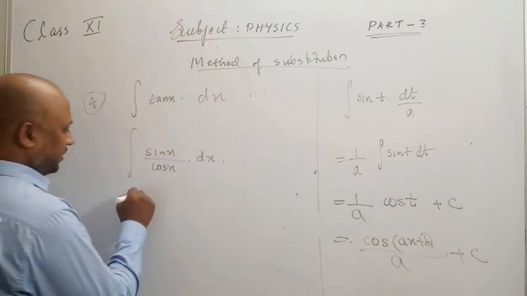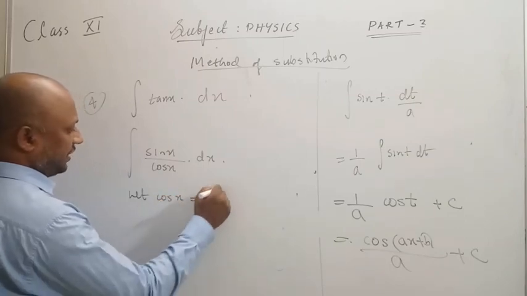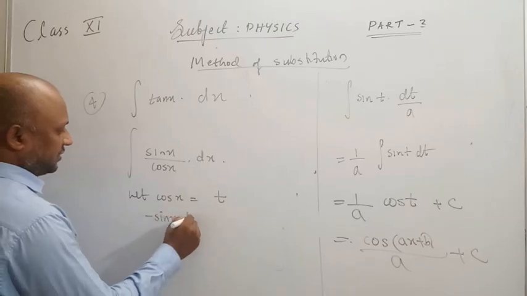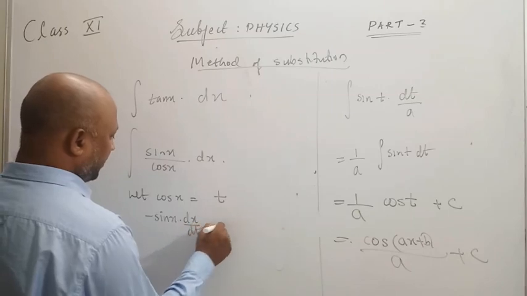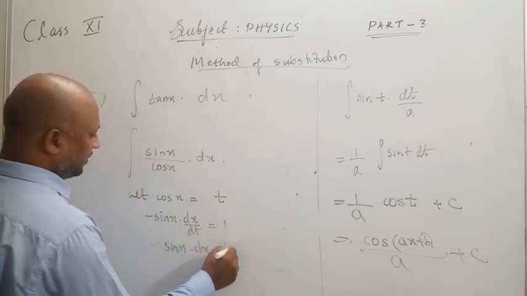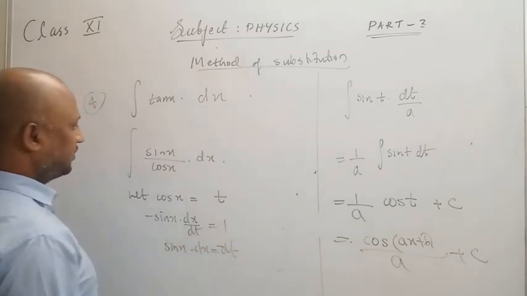Suppose I am taking cos x to be t, then minus sin x dx by dt is equal to 1. So minus sin x dx is equal to dt, or otherwise sin x dx is equal to minus dt.